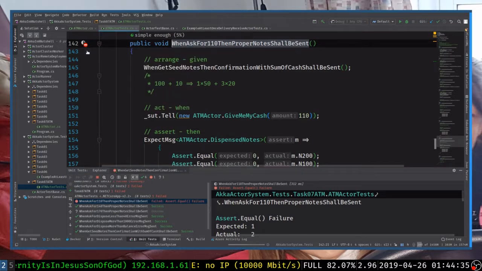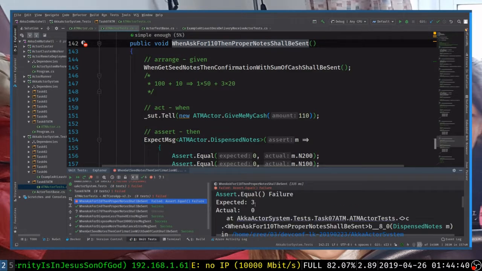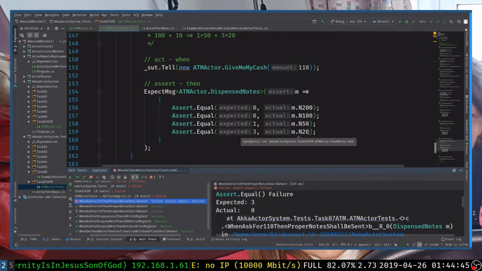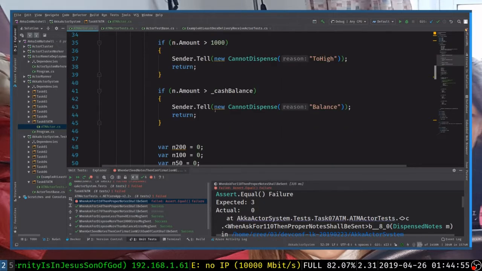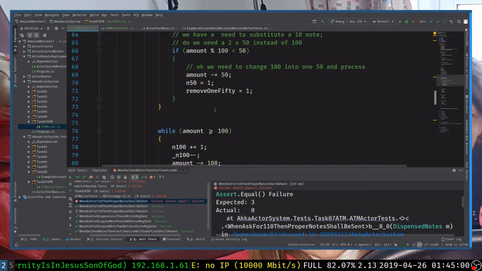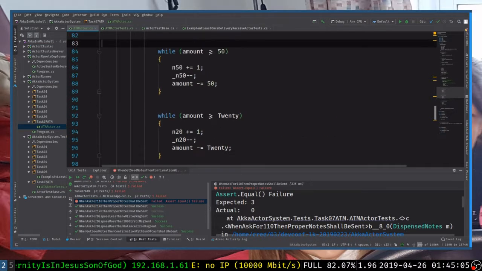So let's fix it. Ta-da! Expected 3, actual 0. We were expecting 3 twenties to have 60. So we got our own 50. So what I think, haha. Okay. So to remove 150 is not the best place where we can have it.